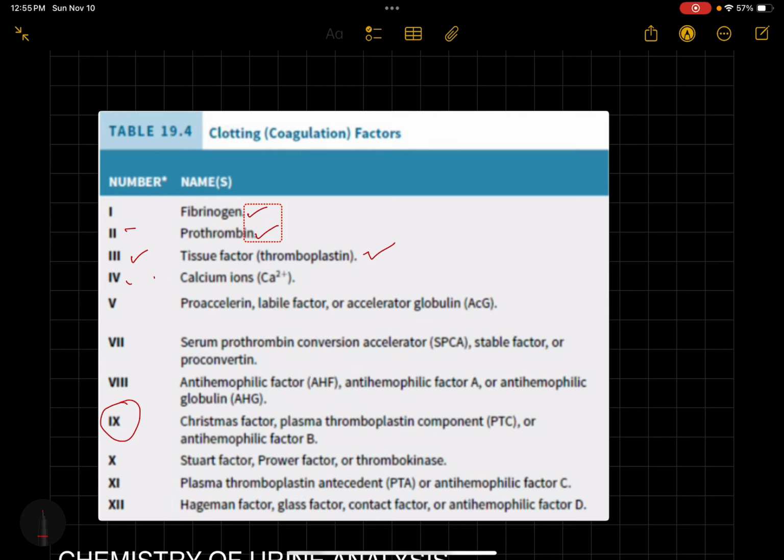Number 4, calcium ions. Number 5, proaccelerating labile factor or accelerator globulin or ACG. Number 7, serum prothrombin conversion accelerator or ang SPCA, stable factor or proconvertin. Number 8, we have antihemophilic factor, antihemophilic factor A or antihemophilic globulin.